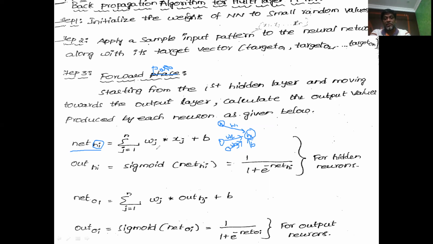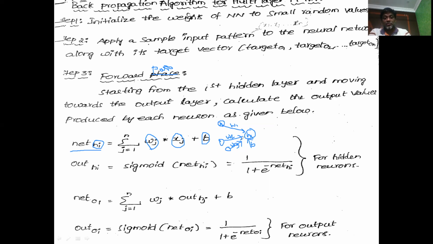So that is the formula. For all the input patterns connected through the weights Wj, you just multiply them. So the sum of products of weights and input patterns plus the bias term will be used as the formula for calculating net output.